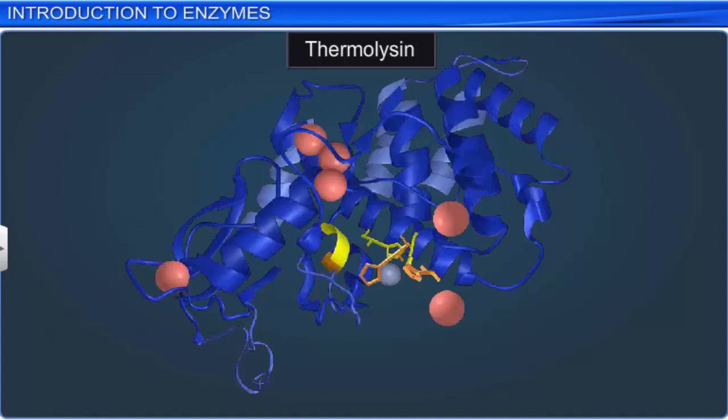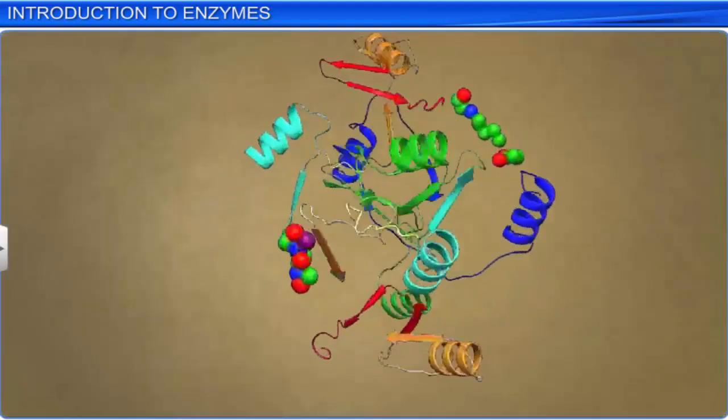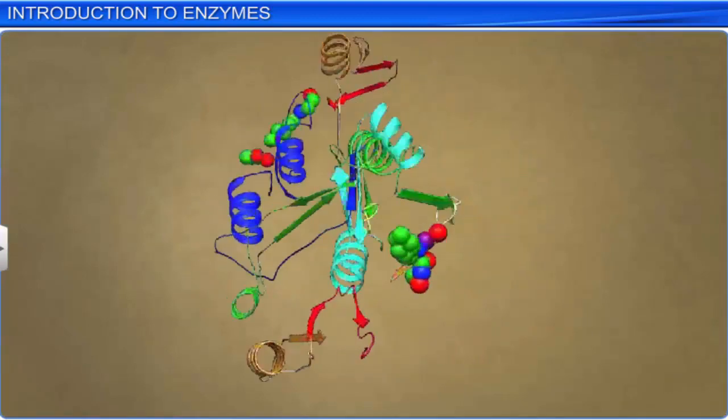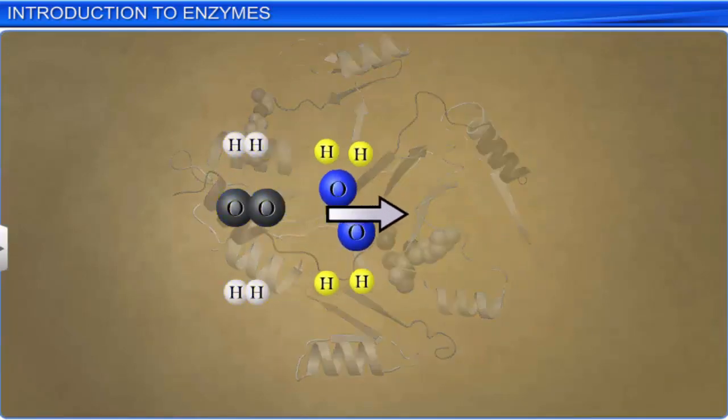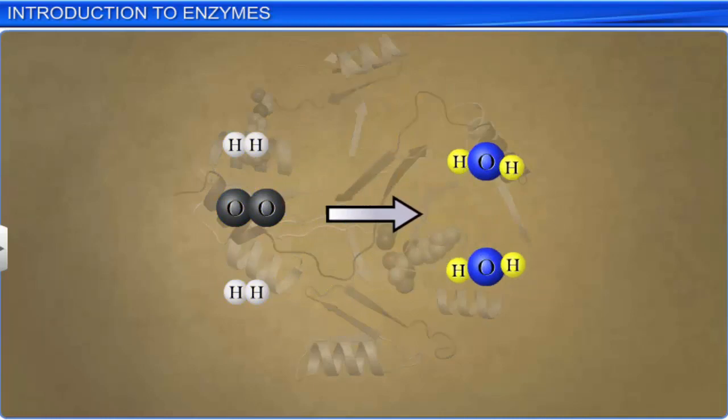To understand the working of enzymes, we'll begin by learning more about chemical reactions. Chemical compounds undergo physical and chemical changes. When a compound changes shape without breaking its existing bonds, it is said to be a physical change. For example, ice melting to form water.